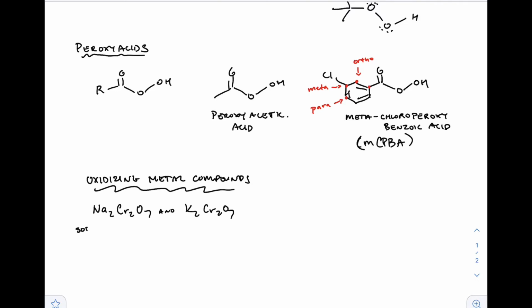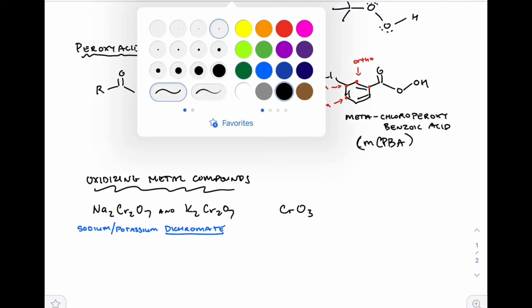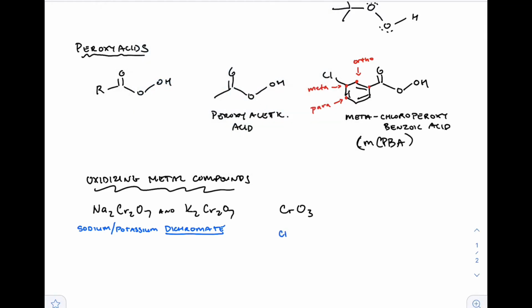Okay, and this is sodium, sorry, I'm going to write it in blue just to give it that pop. So sodium or potassium dichromate. So you got 2 chromiums in there, so that's kind of how I think of it. Dichromate. Okay. The next one, you might see a chromium with 3 oxygens.